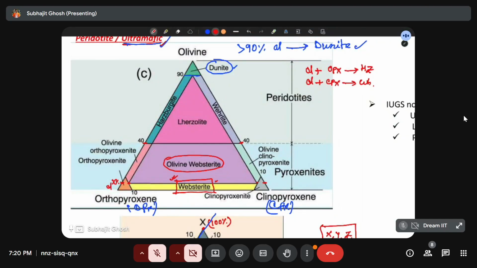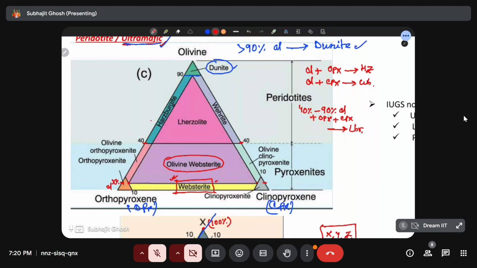If the percentage is given, then they will ask the question like this: if olivine percentage is between 40% to 90%, plus OPX and CPX are both present, then the rock name will surely be Lherzolite.